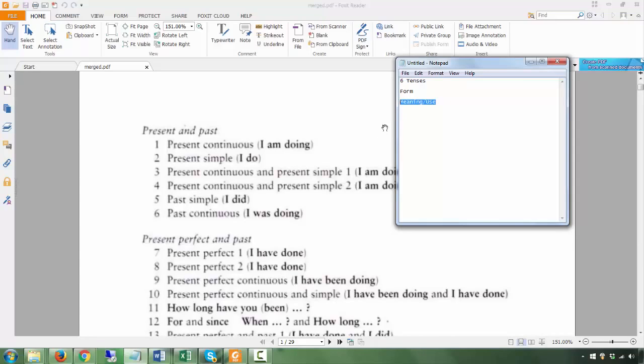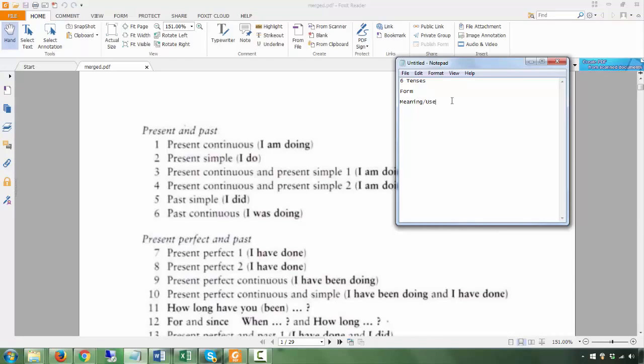I always ask my students, when they use the wrong tense, what tense are you using? Then they'll tell me the tense name. You guys should get to know the names of the tenses, at least these 6 tenses. But after they mention the name, I'll ask them, why do you use this tense?